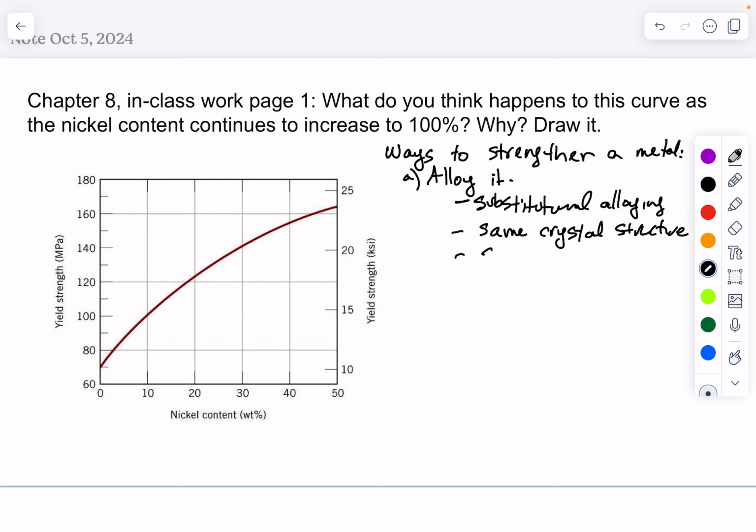It needs to be similar in radius. And if it's a ceramic material, there are some other requirements, but these are the two key ones for metals.